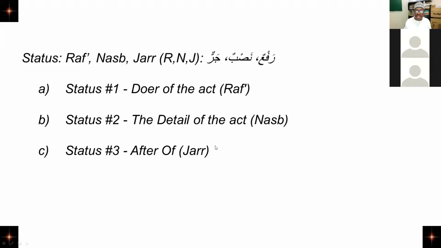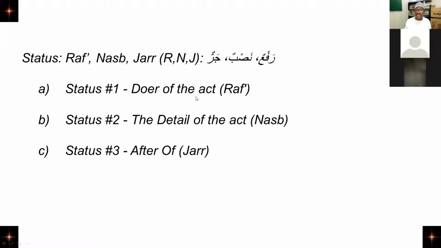Now note, I did not mention any sign. I'm just mentioning the status: rafa, nasb, jar. And I've given you instances where an ism can be considered in either rafa, nasb, or jar. Note these three different instances, but they are not the only ones.